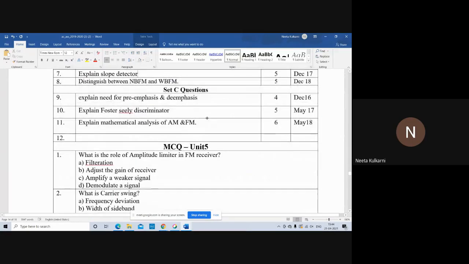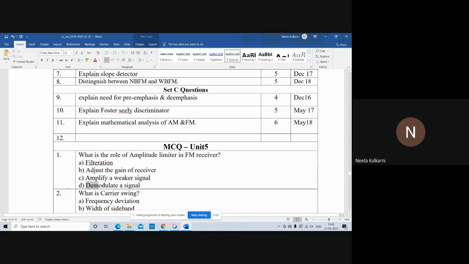MCQs we will see. See these MCQs carefully and give the answers. First question is, what is the role of the amplitude limiter in an FM receiver? In an FM receiver an amplitude limiter circuit is used. What is the use of that circuit? First is filtration, second adjust the gain of the receiver, third amplify the weaker signal, and fourth demodulate a signal.